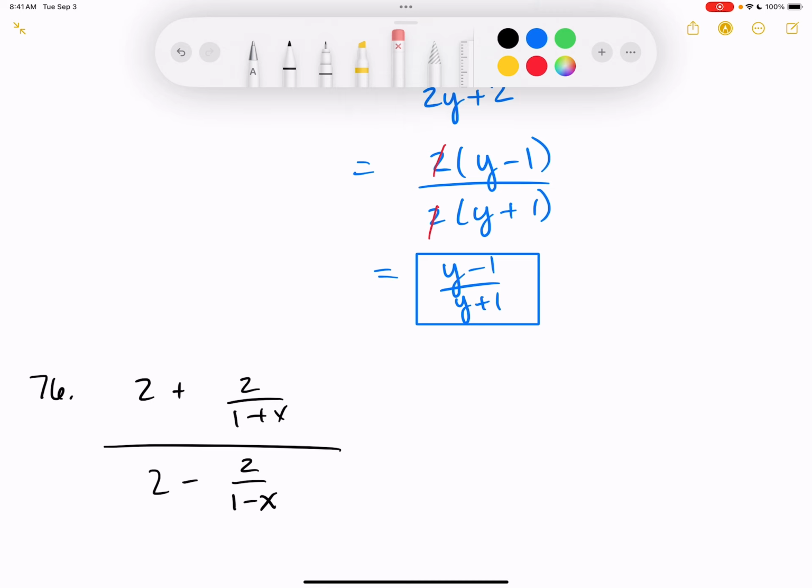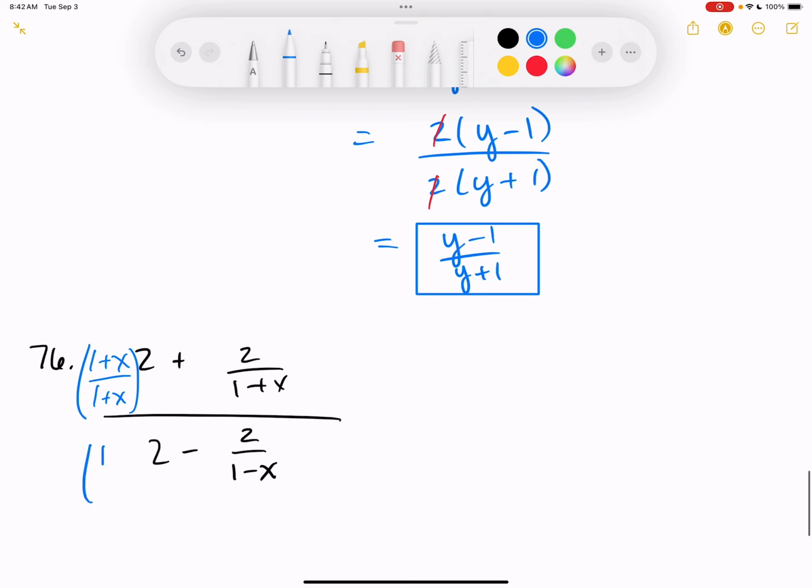So when I'm working for a common denominator, I'm getting a common denominator between those two things on top, and a different common denominator down here on the bottom. So this top one is going to be multiplied by 1 plus x, and the bottom one is going to be multiplied by 1 minus x.